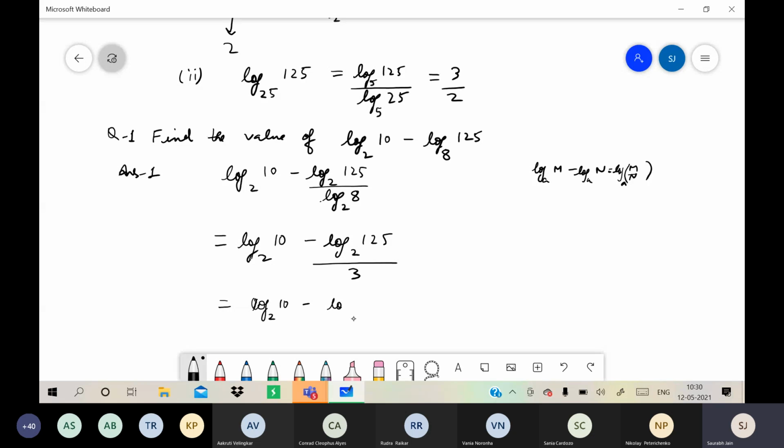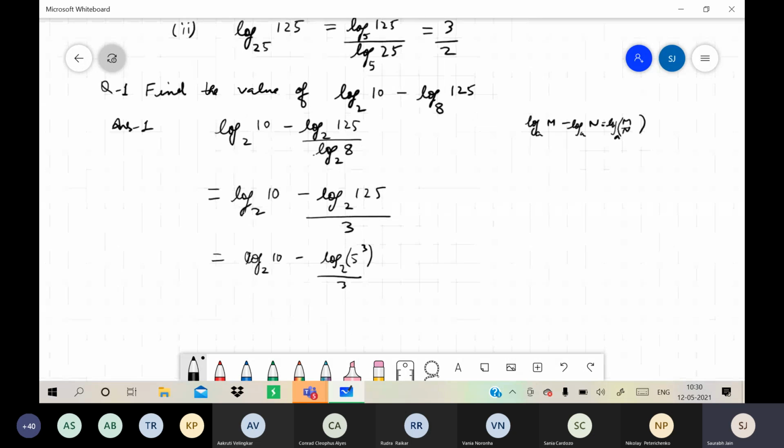125, you know 125 can be written as 5 cube. Correct? It can be written as 5 cube. Properties of log. And this 3 can be written here, right? Power property. Which one? Log a m to the power n is n log.